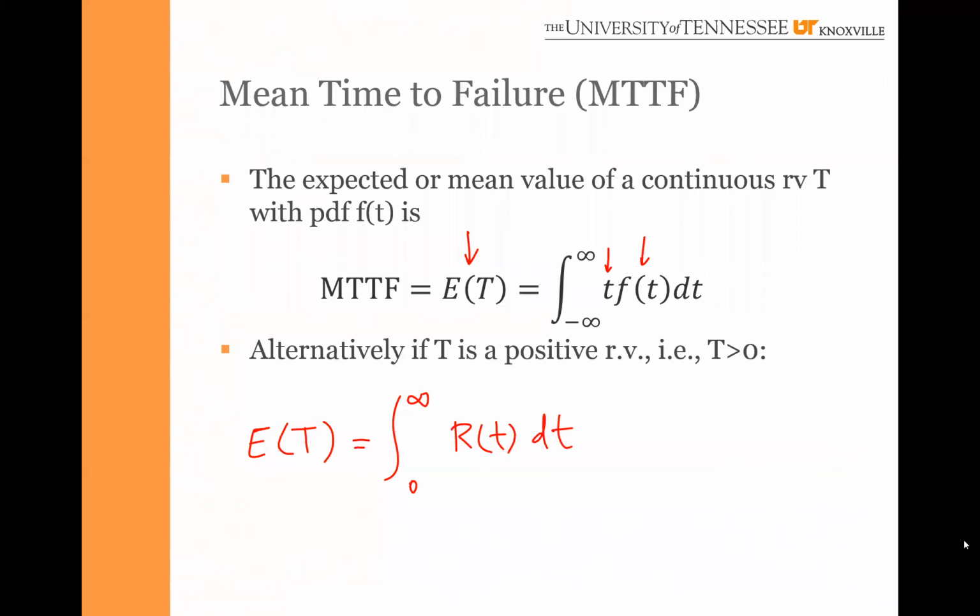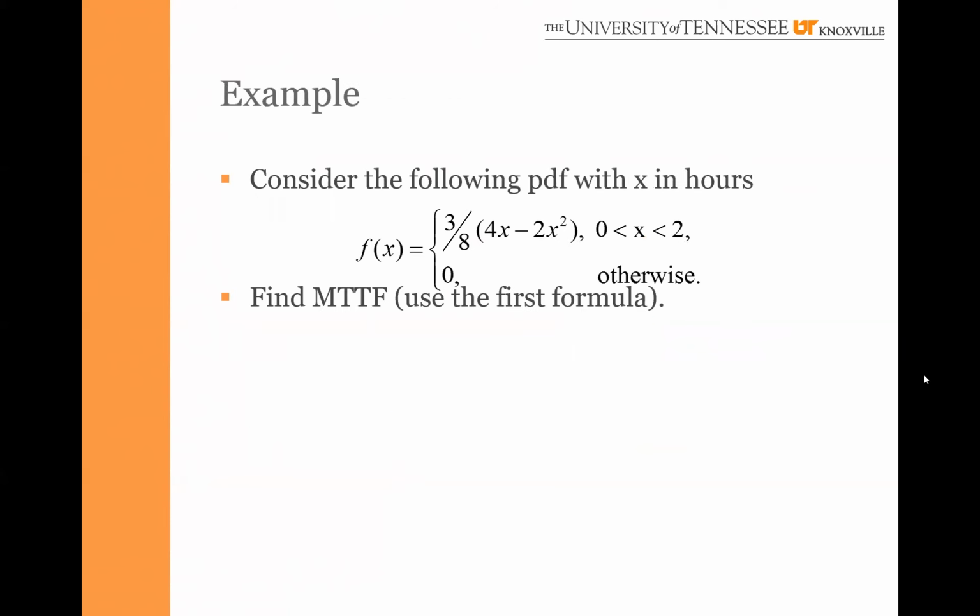Good. It's based on the reliability function. So sometimes if you have the reliability function, instead of taking the derivative to get your f and then using the other formula to calculate, you can directly calculate it using the reliability function. Make sense? Okay. So I'll let you practice.